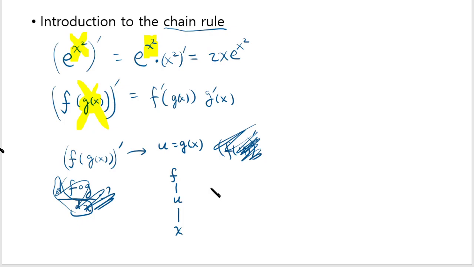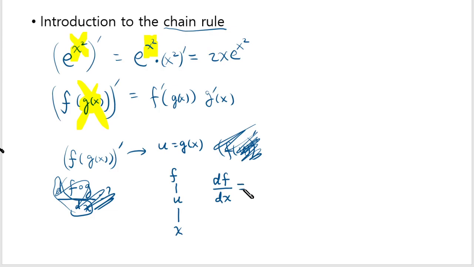Now, in such a case, you can ask the following question: how fast is f changing when you change x? This is the rate of change of f with respect to x, and that's the Leibniz notation for derivatives, another way to write down f prime of x.